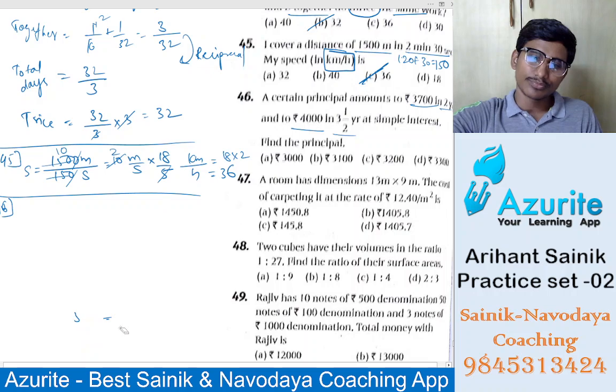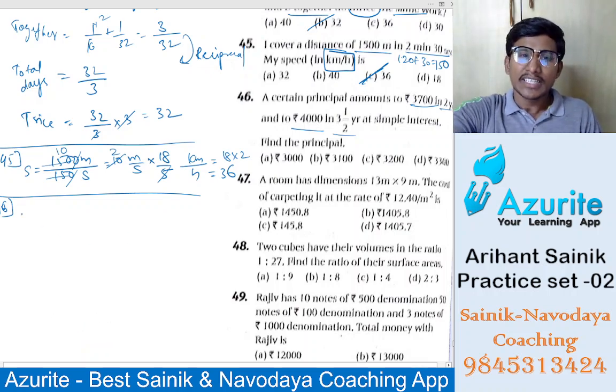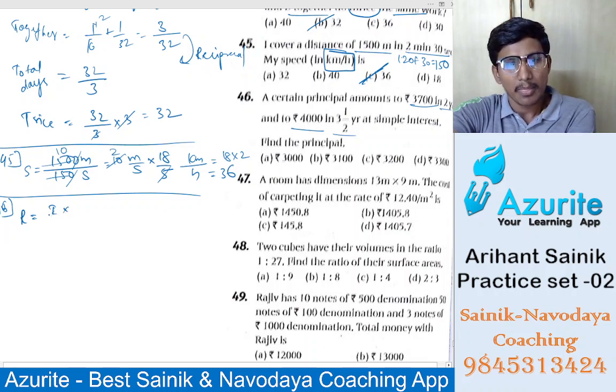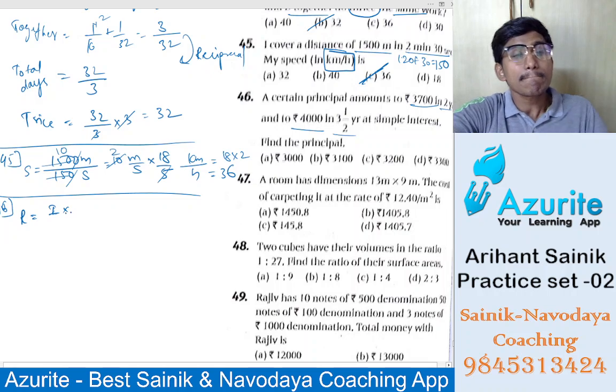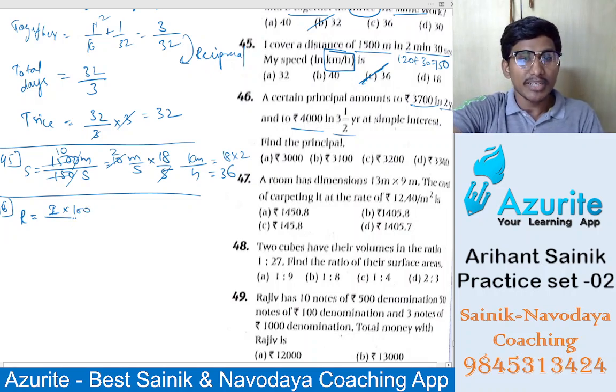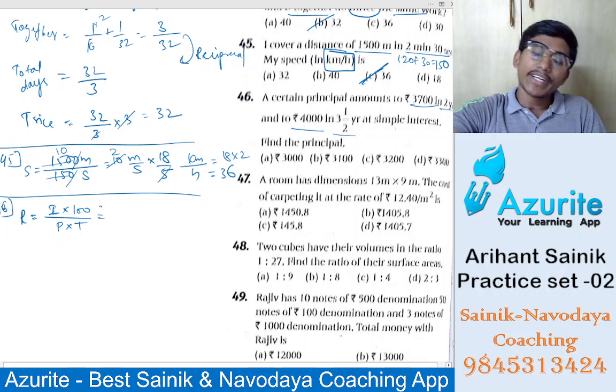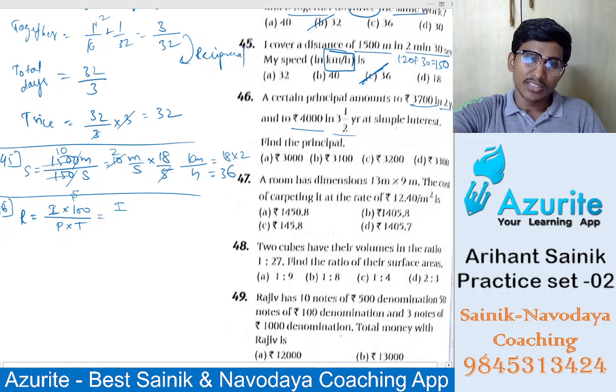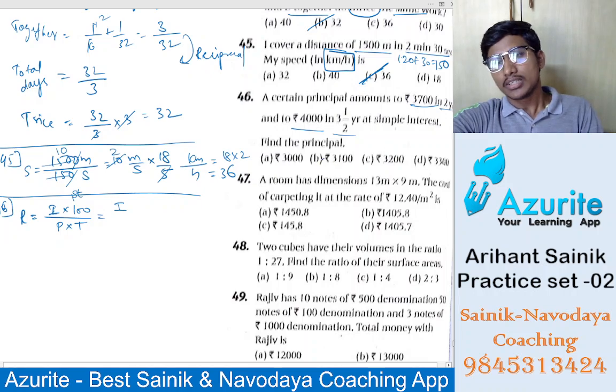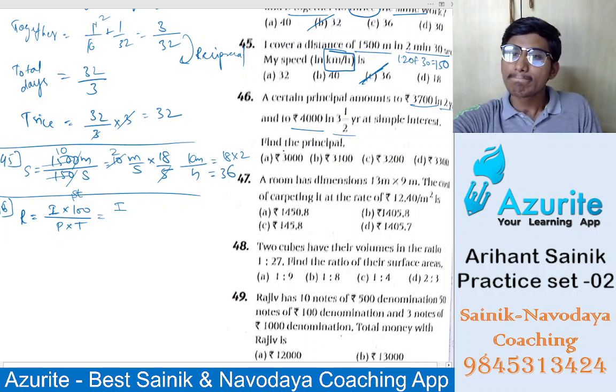Wait, I will do. So here rate will be interest into 100 divided by principal into time, PT. So in the first case, that is amount they have given 3,700.